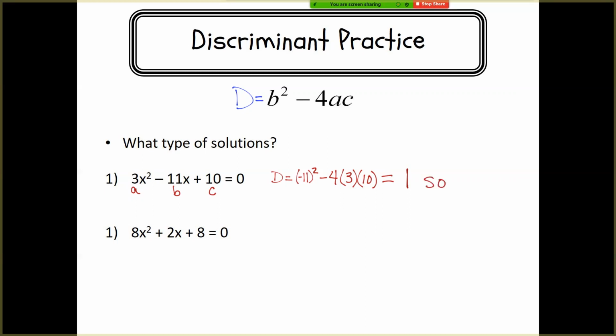It's positive. So if I get a positive discriminant, I have 2 real solutions, or roots, or zeros. So technically the answer to my question isn't the 1, it's the 2 real solutions, because the question I was being asked was, what type of solutions do we have? We have 2 real solutions. We didn't find them, but we know if we did, we would have 2 and they would be real.